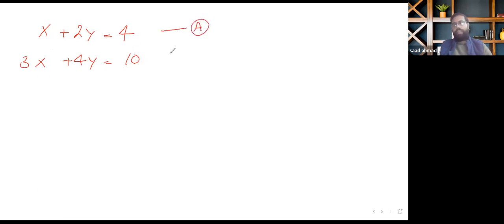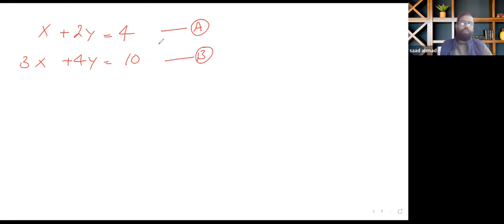Let's say we have an equation x plus 2y equals 4, and let's say we have 3x plus 4y equals 10, right? Now we have two linear equations. Let's call this A and let's call this B, right? So now we want to solve them.